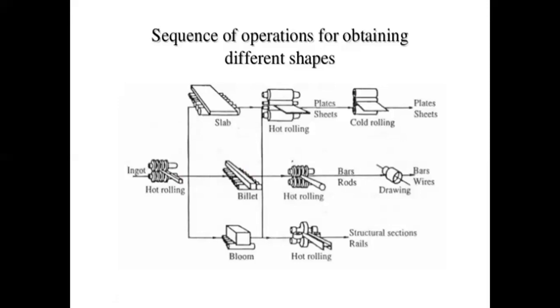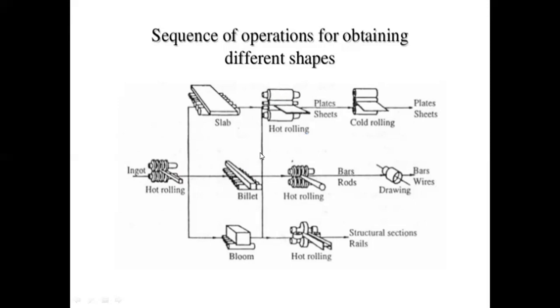You have to use a ductile object, right? Not brittle, but a ductile object. In the end, what you get is a sheet which is rolled between different rollers.